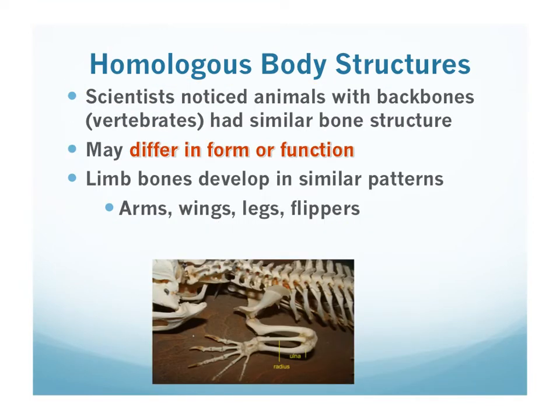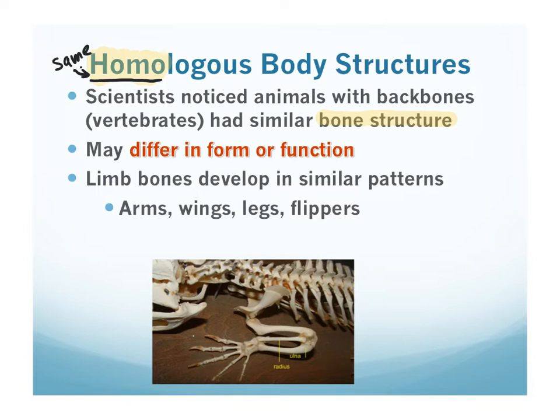So let's look more at this concept of homologous body structure. Remember, this prefix right here, homo, means the same, okay? We've talked about this before. So homo means the same or similar. So homologous body structures, we're really talking about scientists noticing that animals with backbones, the vertebrates, had similar bone structures.